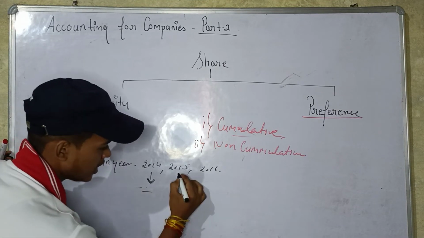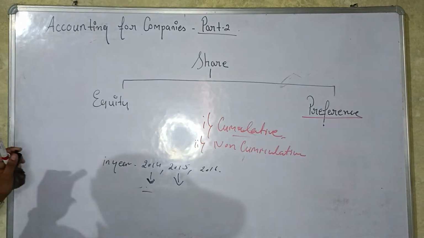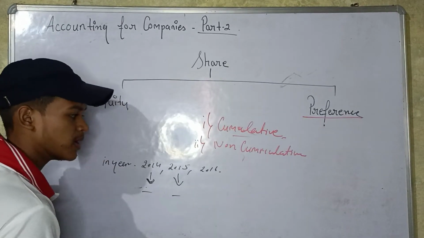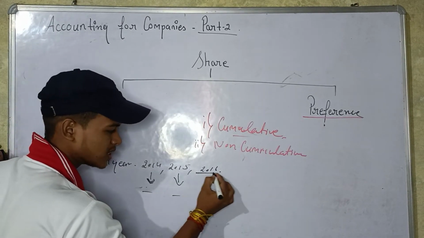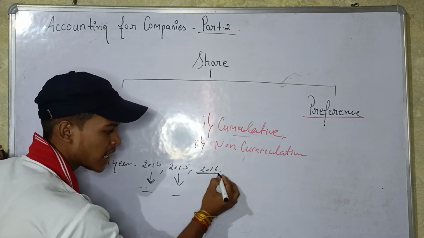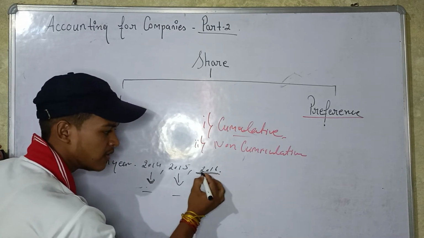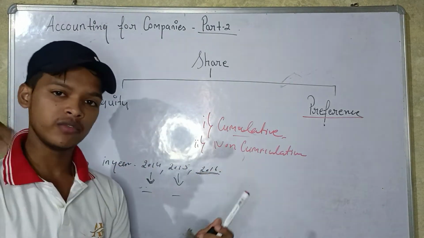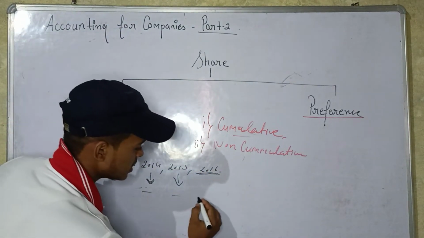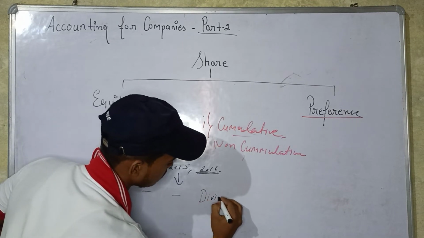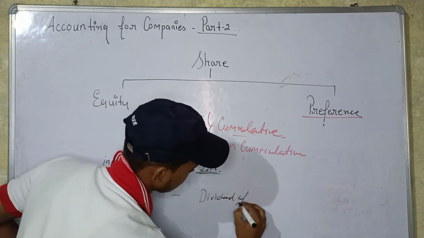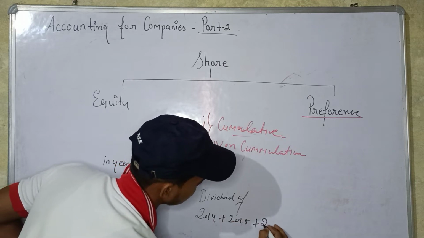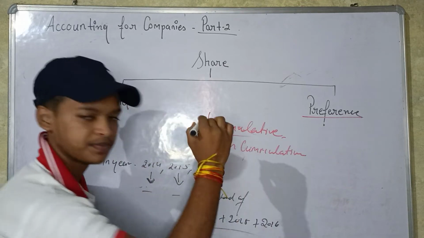In 2016, when the company decided to give the dividend, it will combine all the dividends of the previous years and then give them to you. Means the dividend of 2014 plus 2015 plus 2016.